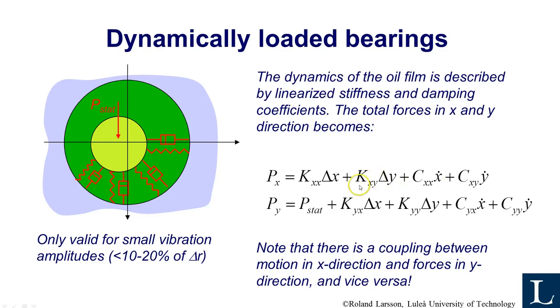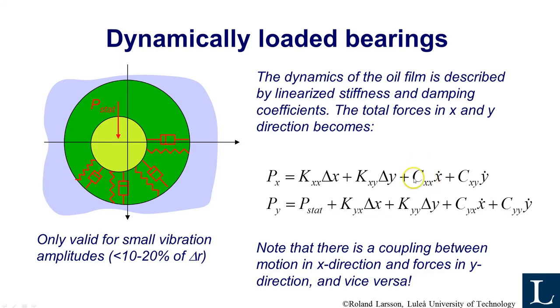But because of the attitude angle curve, you remember that. So when the journal is starting, it starts from here and it rolls up like this in a curve. That means that if you add some motion, you will change the forces not only in one direction, you will change in two directions. So it's the same with the damping.